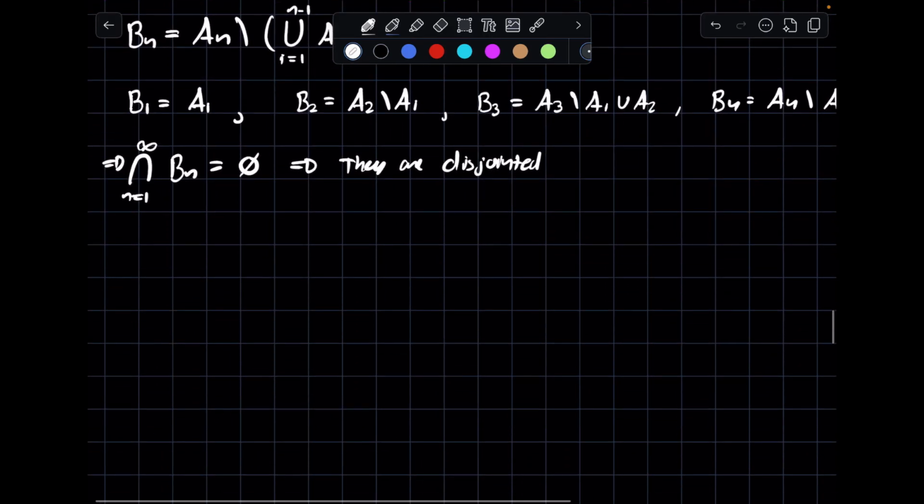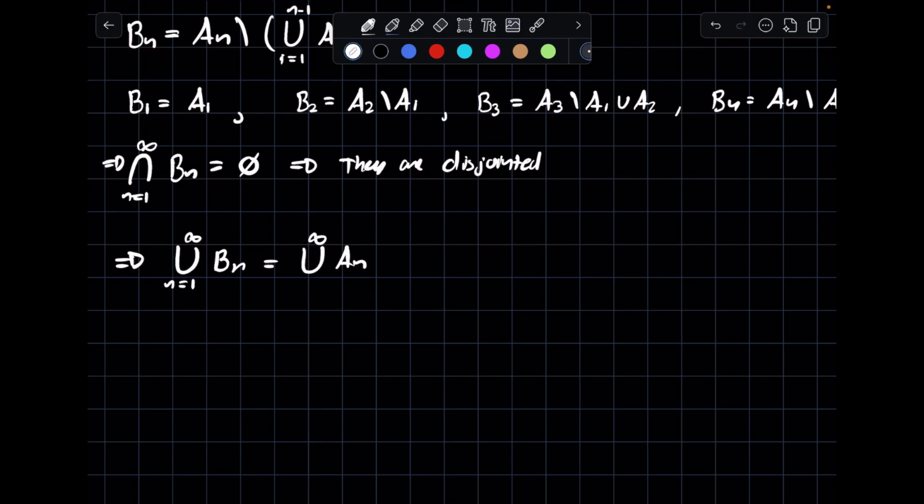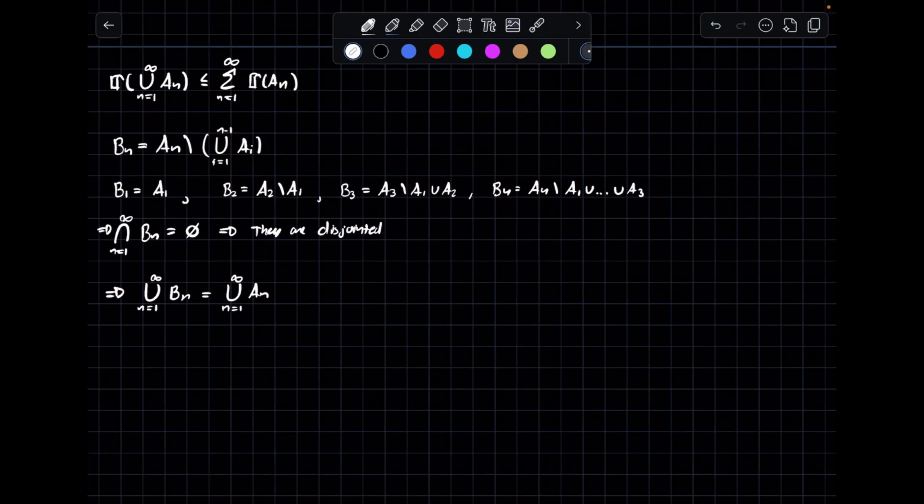Now what we do is understanding the fact that the union of B of n, we can just do n, right? The union of all of the Bn's is going to be equal to the union of all An's, because at the end of the day, they are the same.